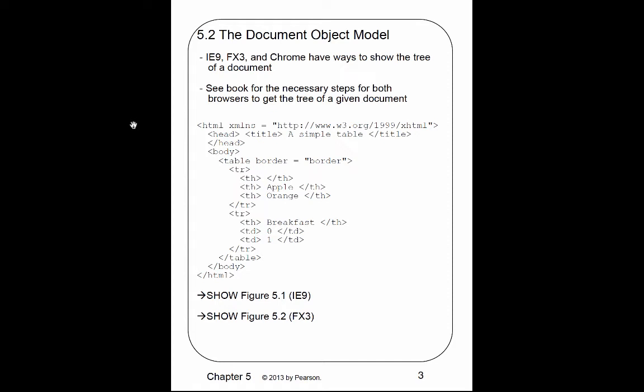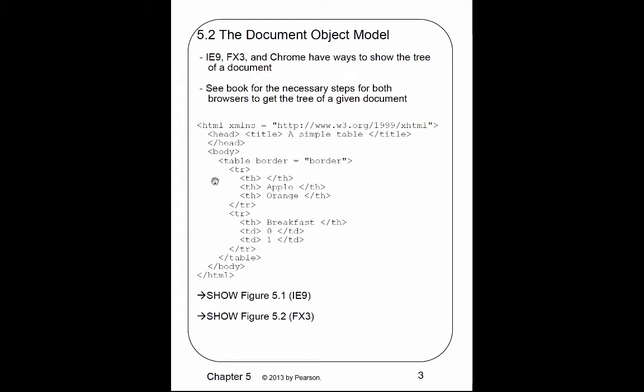But the key here is that you can notice that HTML code has a hierarchical structure. And this hierarchical structure, where we have elements embedded within other elements, for example, the table element embedded within the body element, which is embedded within the HTML element, the head element is embedded within the HTML element, the title element is embedded within the head element, and we have two TR, table row elements, nested within the table element, and you have three TH elements embedded within one TR element, right?